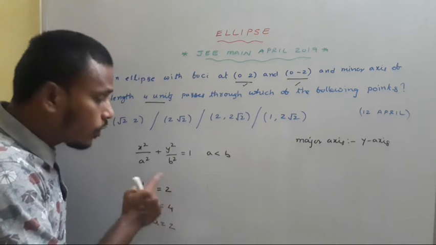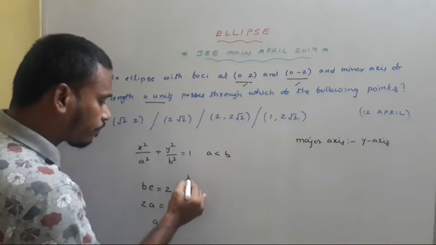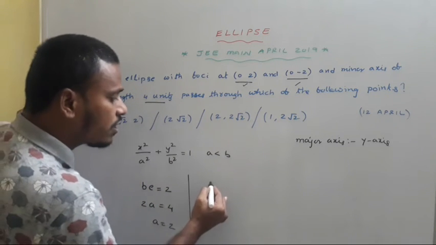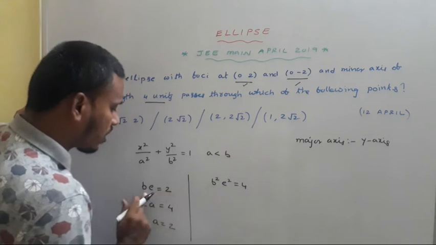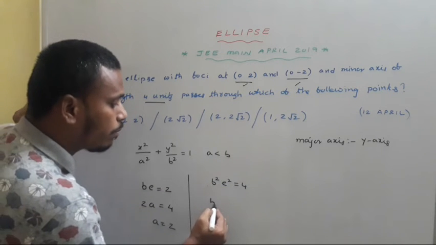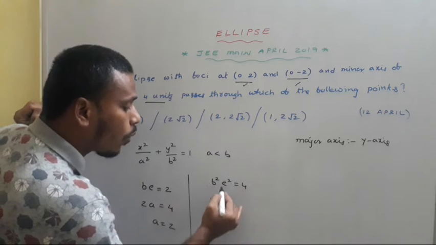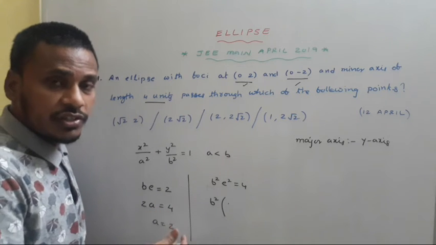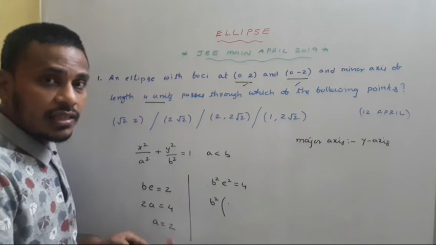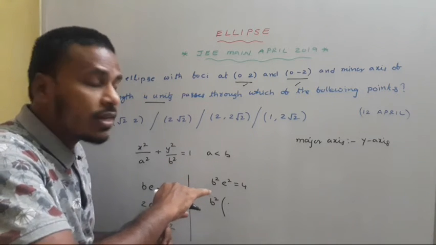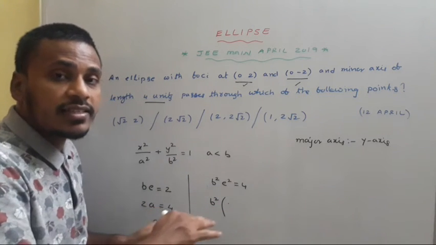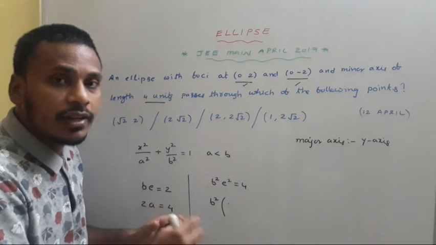Use this to get the value of b. We have be equals 2, so b square e square equals 4. Just square it on both sides. What is e square? e is the eccentricity. As I said, for the ellipse equations with the major axis along the x-axis and along the y-axis, what is the major difference?